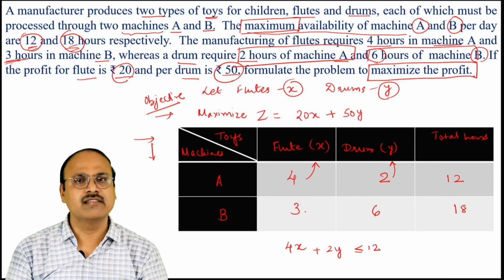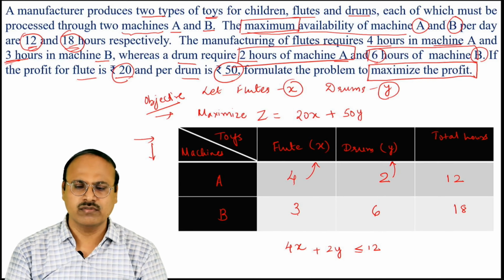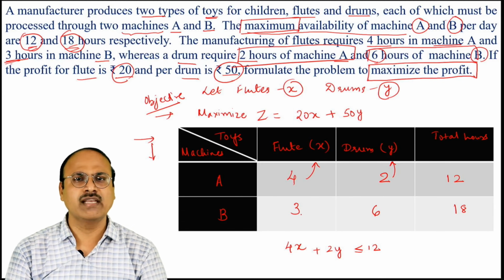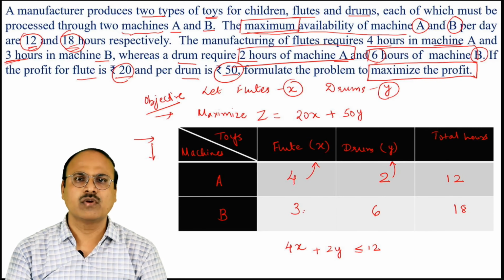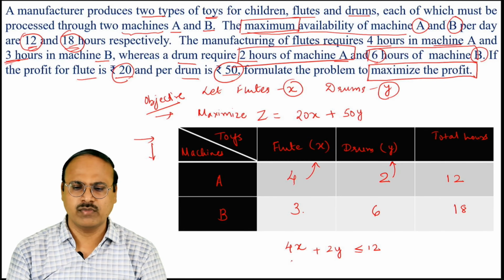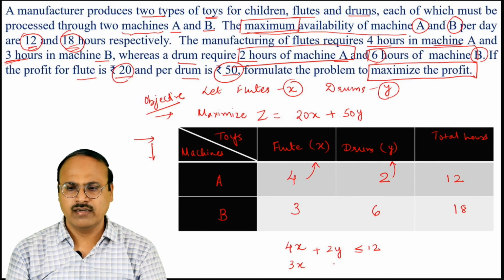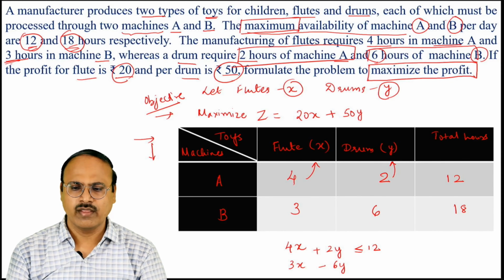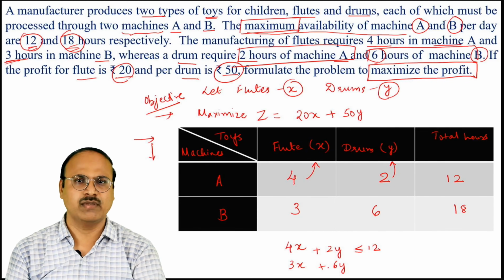In the second constraint, same way, for manufacturing X number of flutes on machine B, how many hours are required? 3 hours are required. So what is the total number of hours required for machine B to manufacture the flute part? 3x, drum part 6y, and flute plus drum on machine B, how much time? 3x plus 6y.